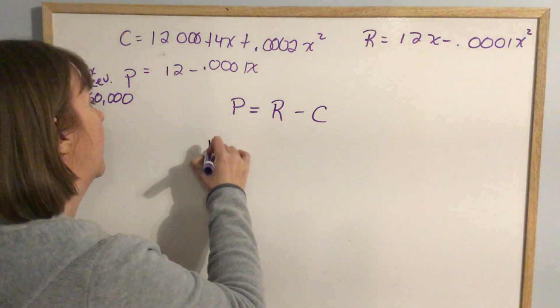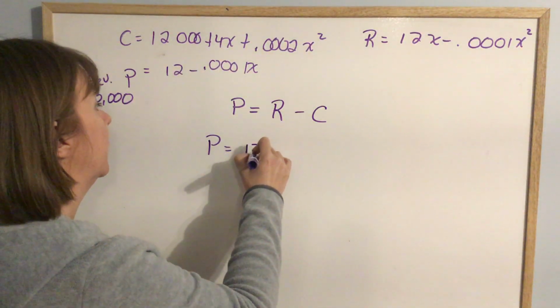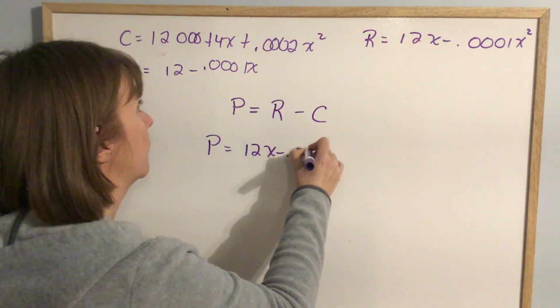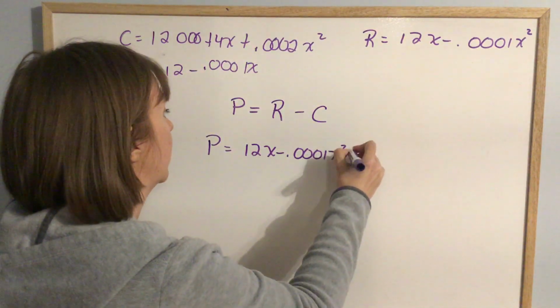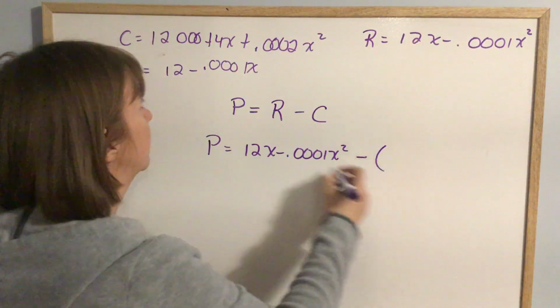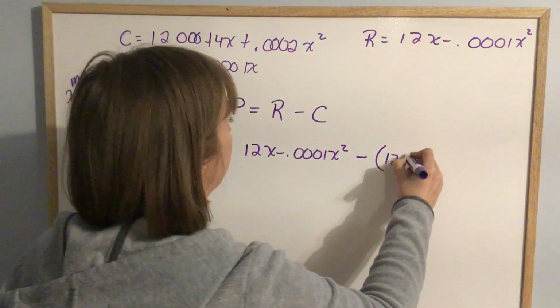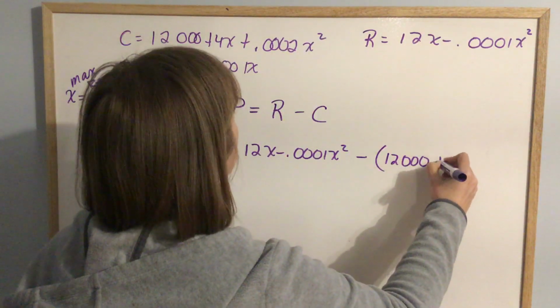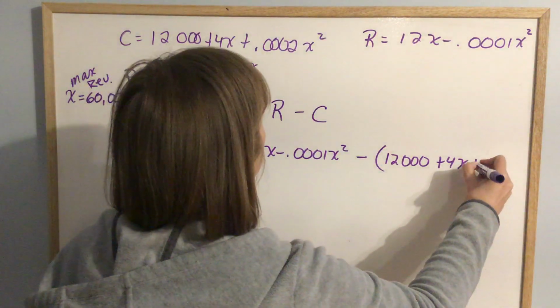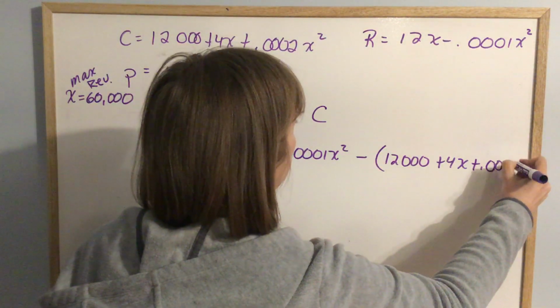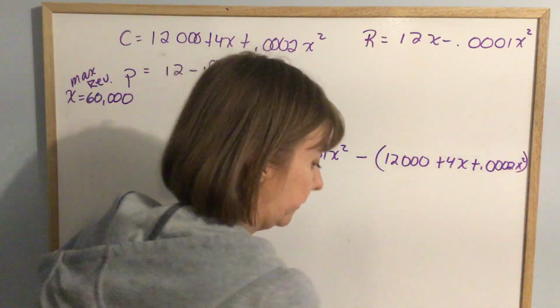So profit is 12x minus 0.0001x squared minus the costs, which is 12,000 plus 4x plus 0.0002x squared.